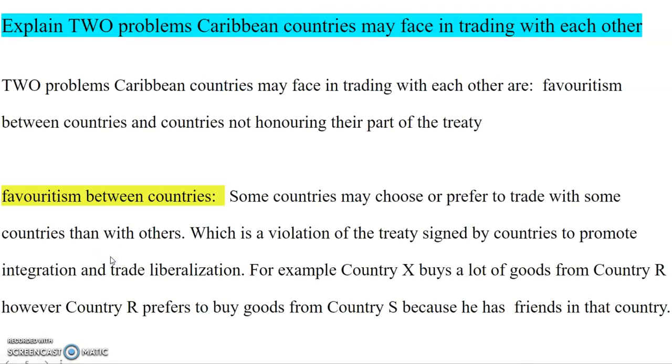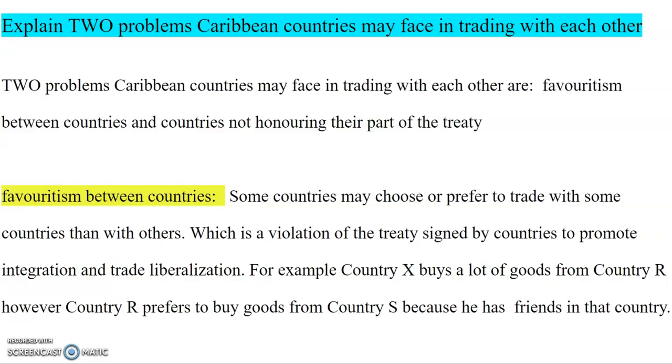The other part of the question is: explain 2 problems Caribbean countries may face in trading with each other. Now, 2 problems Caribbean countries may face in trading with each other are: 1. Favoritism between countries. 2. Countries not honoring their part of the treaty.